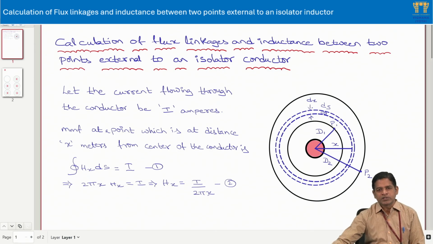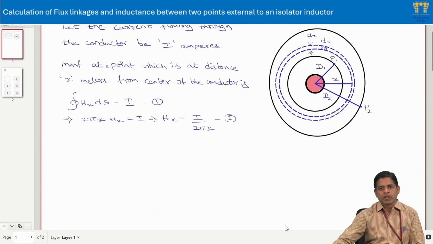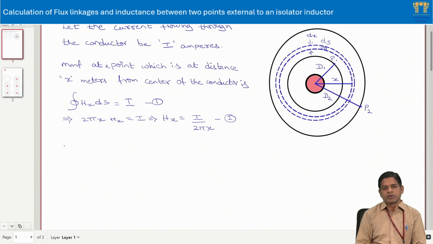Now if I want the flux density at this point, if I take it as Bx, then I can write it as mu into Hx. So from equation 2 that becomes mu into I by 2 pi x. Let this be equation 3.